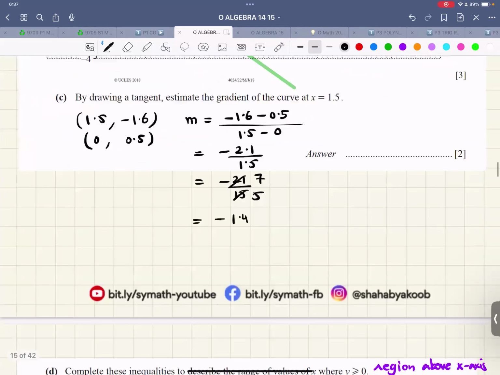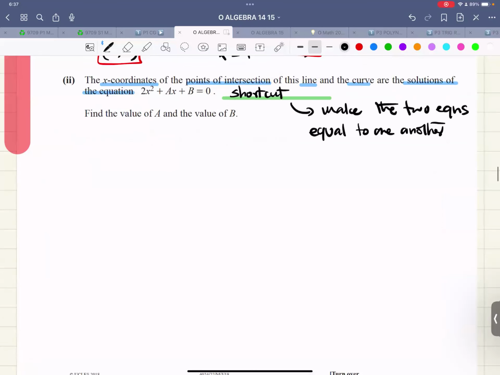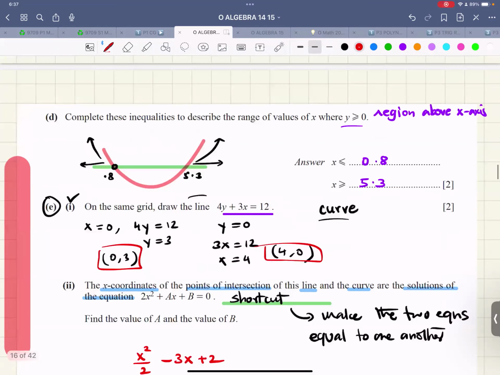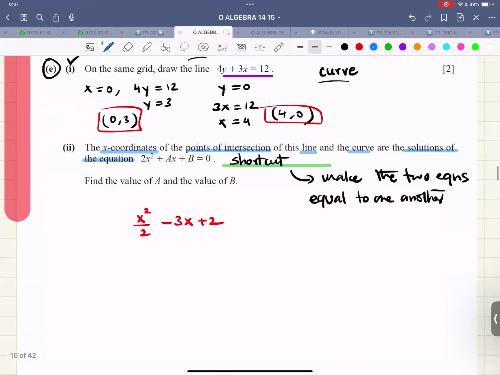So if I make them equal to one another, what do I get? What is the equation of the curve? It is x squared over 2 minus 3x plus 2. And this is the blue line that we have drawn. So what is the blue line?